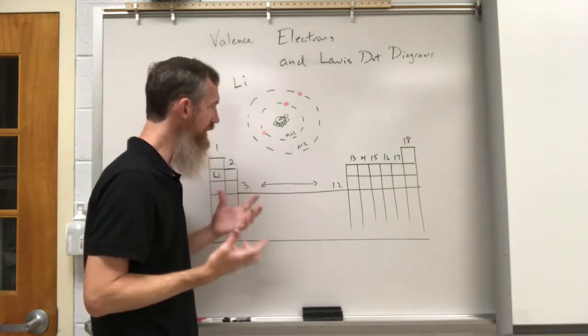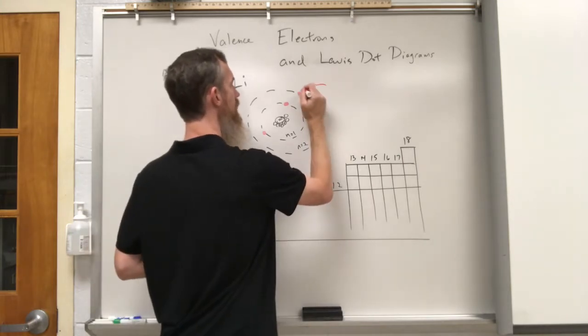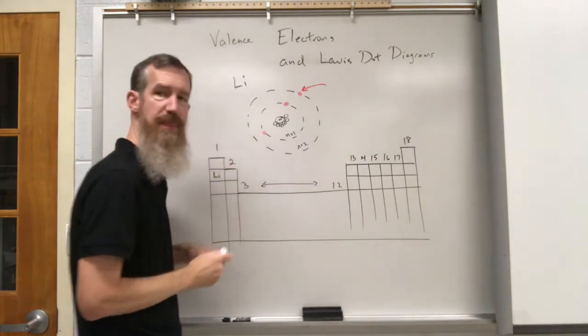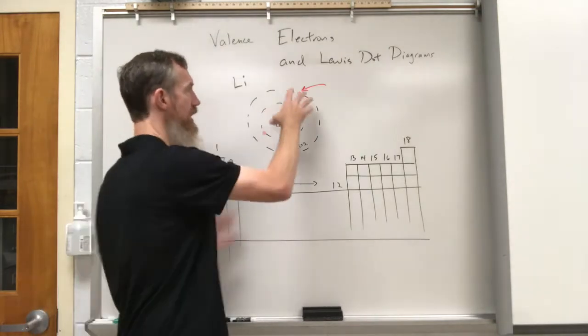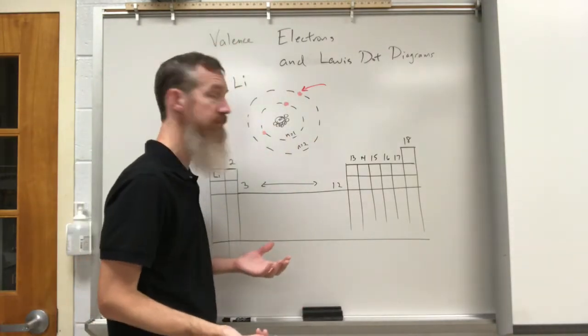And the theory is that this outside electron, this one here, is the most important electron because that's the electron that's going to be bumping into all the other atoms, right?